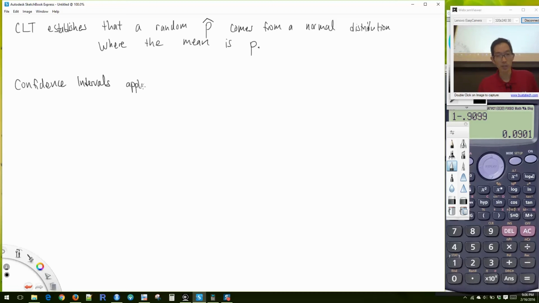Confidence intervals apply our understanding of sampling distributions. This time we don't know what exists in the population.